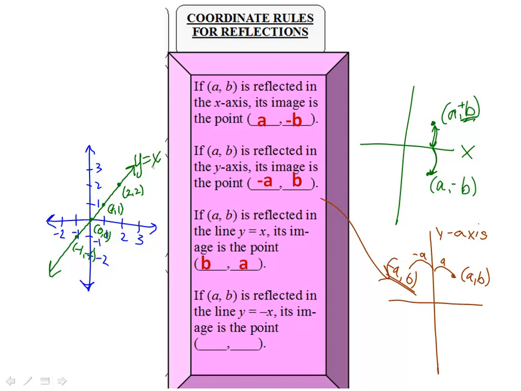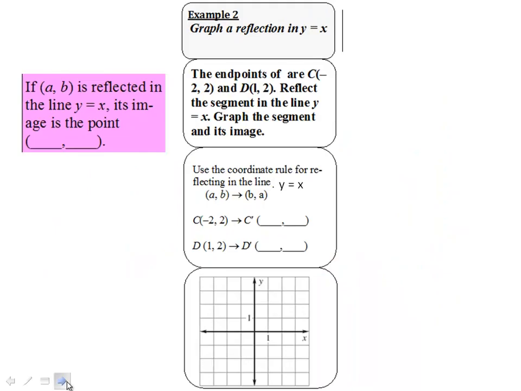So you get B, A. So let's use these rules. If A, B is reflected in the line y equals x, then its image is the point B, A. So if you're reflecting it over y equals x, you just flip your x and y coordinates around.